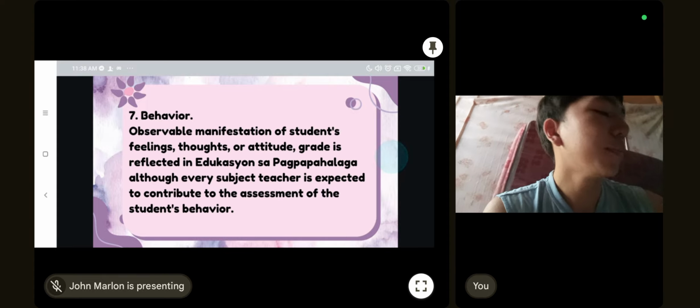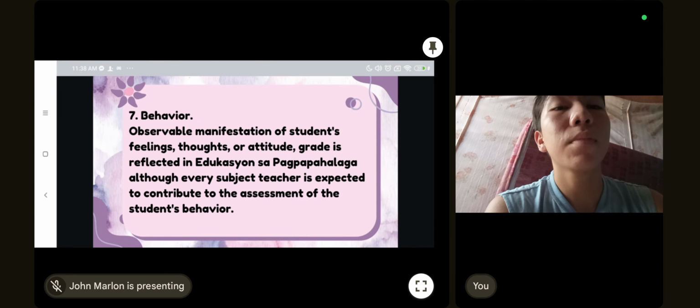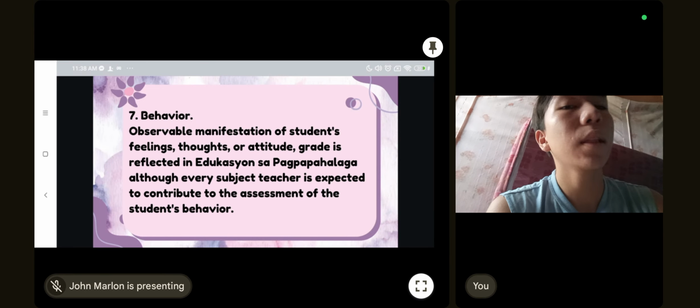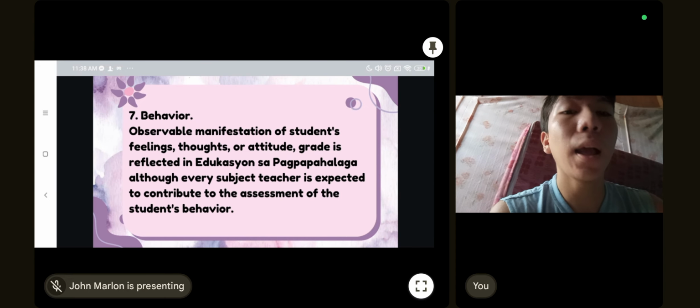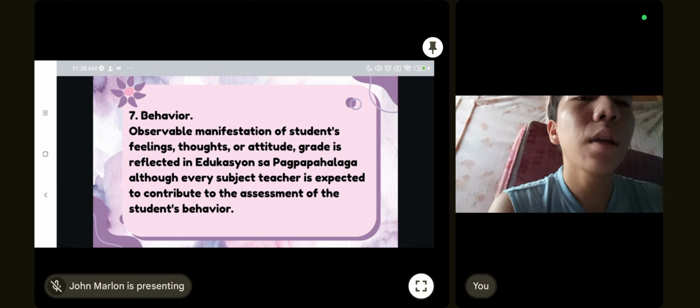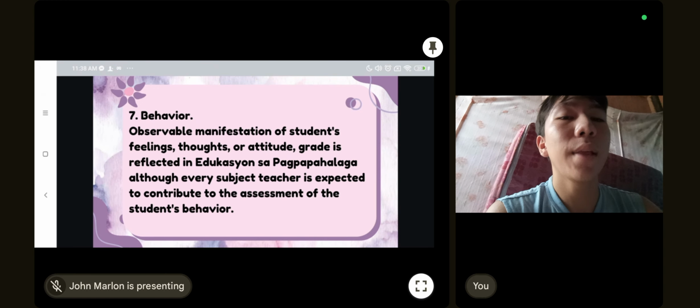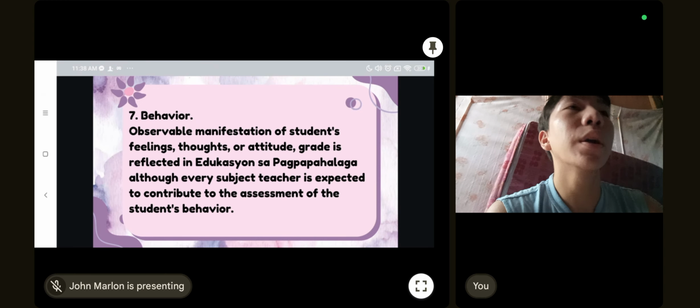Next is behavior. Observe all the manifestations of students' feelings, thoughts, attitudes, reflected in Edukasyon sa Pagpapahalaga. Every subject teacher is expected to contribute to the assessment of the student's behavior.